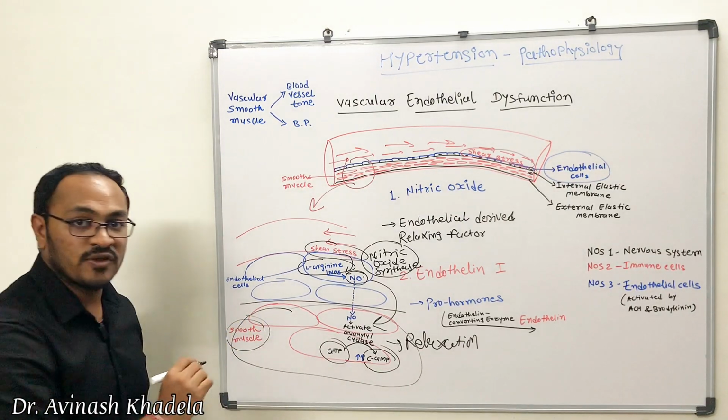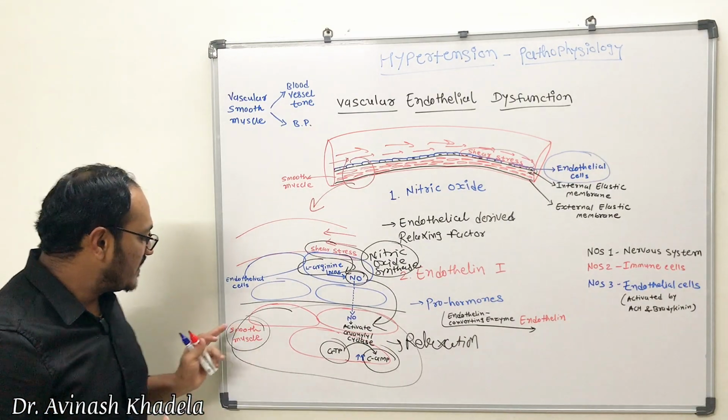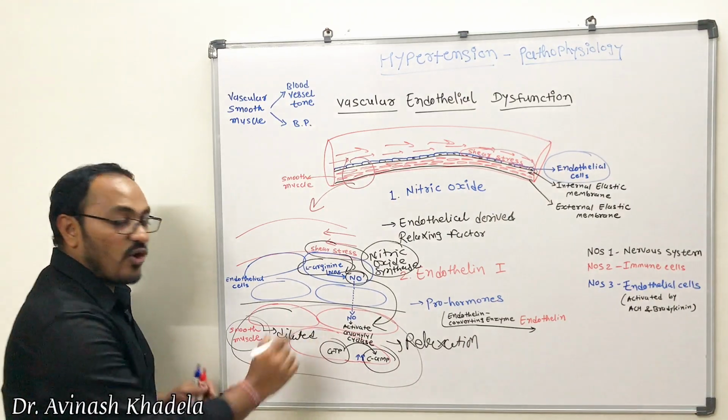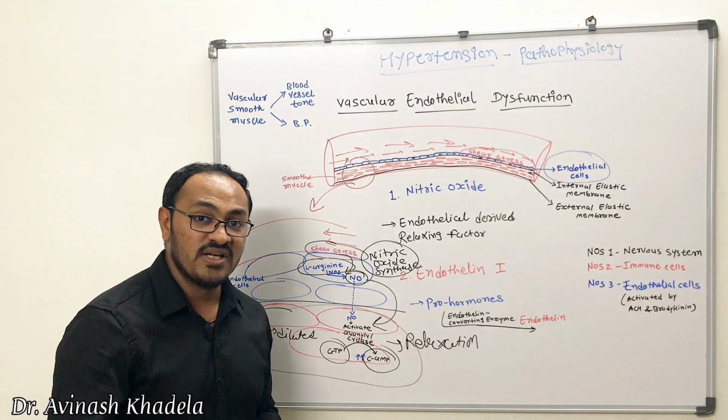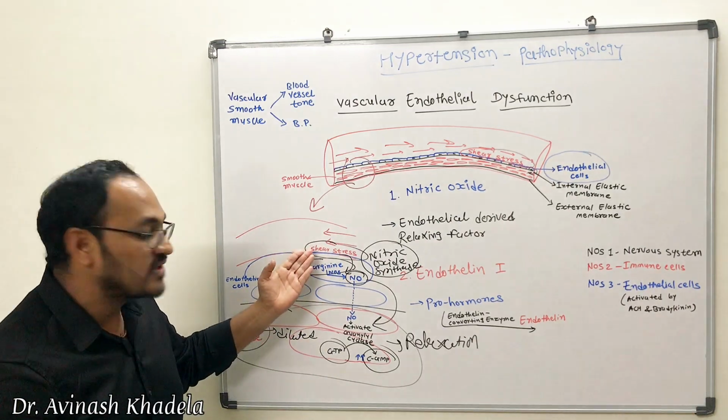Specifically we say vascular smooth muscle because it is the smooth muscle present in the blood vessel. So this smooth muscle will then dilate. Dilation, or vasodilation, in the artery or vein will try to reduce this shear stress.